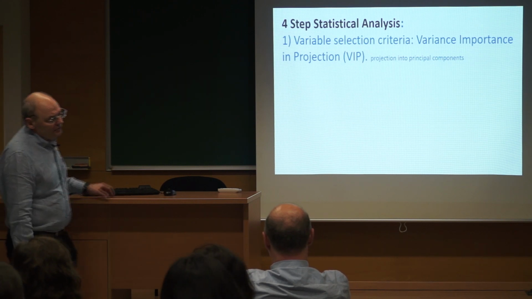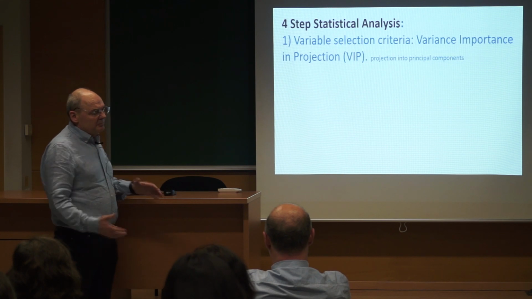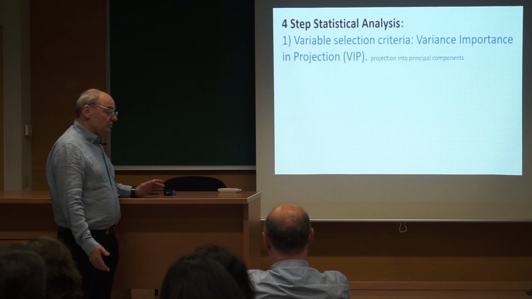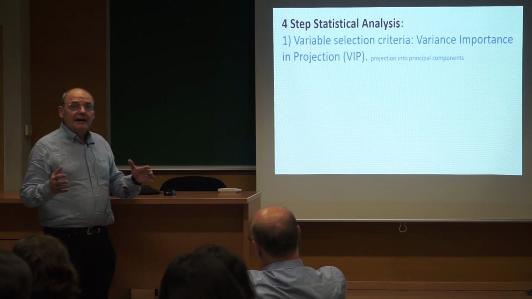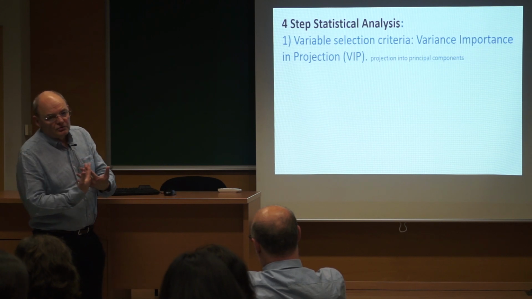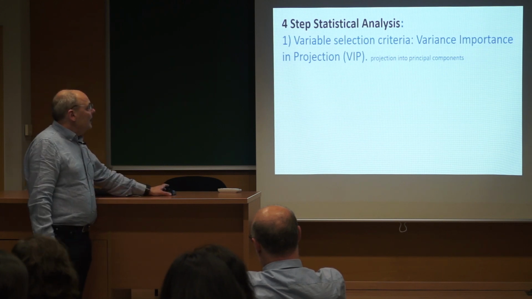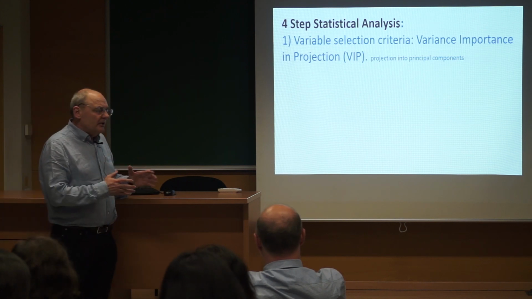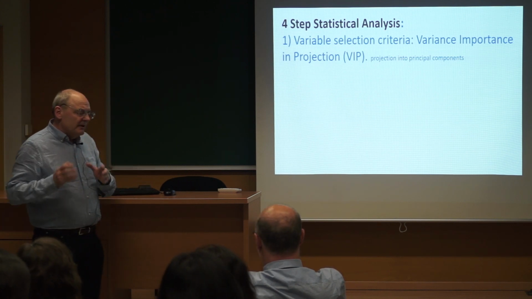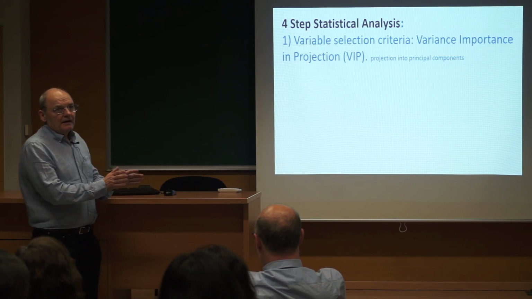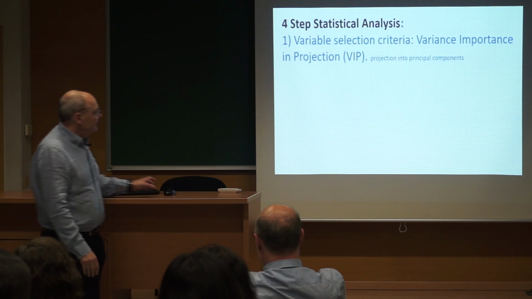This technique was proposed to solve problems which people face in the pharmaceutical industry, for example, when they have a lot of variables and these variables are closely correlated to each other. What variable importance in projection does is look at each individual variable's contribution to the principal components of the data set.